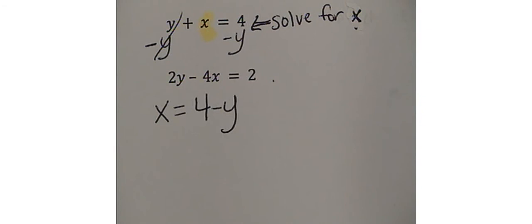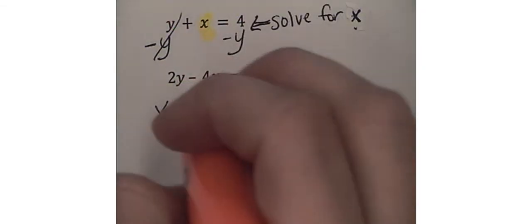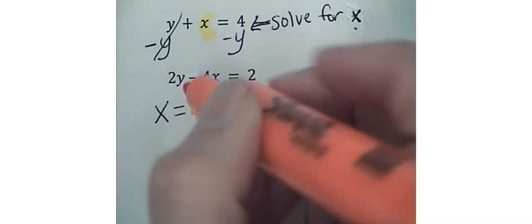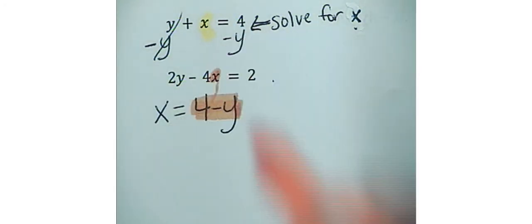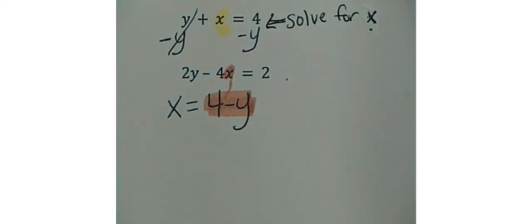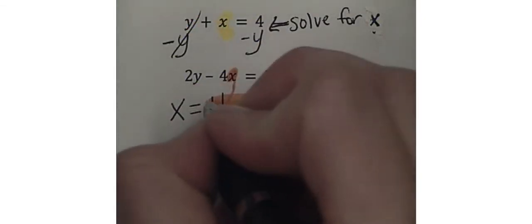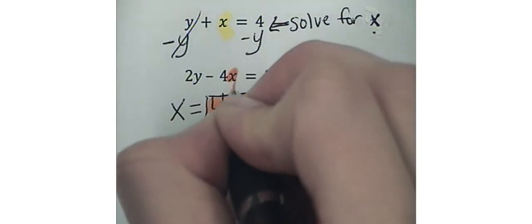Whatever order you choose to write it in, we're going to get the same answer. So now this expression, 4 minus y, goes in right here where you see the x. So this needs to be plugged in right there.